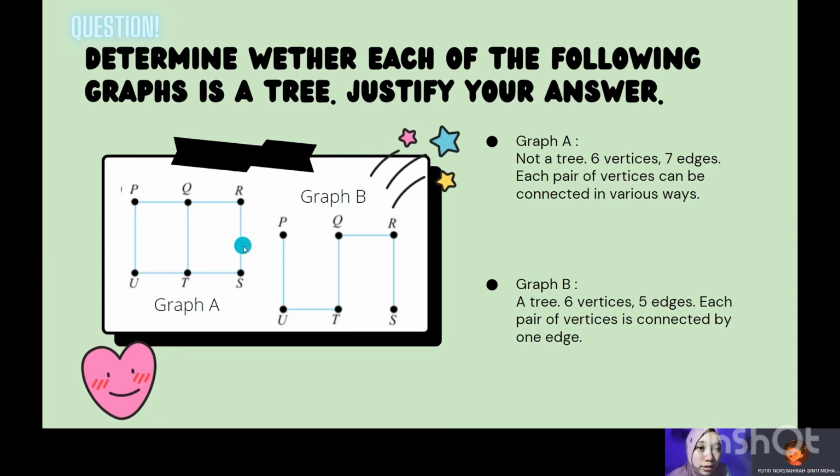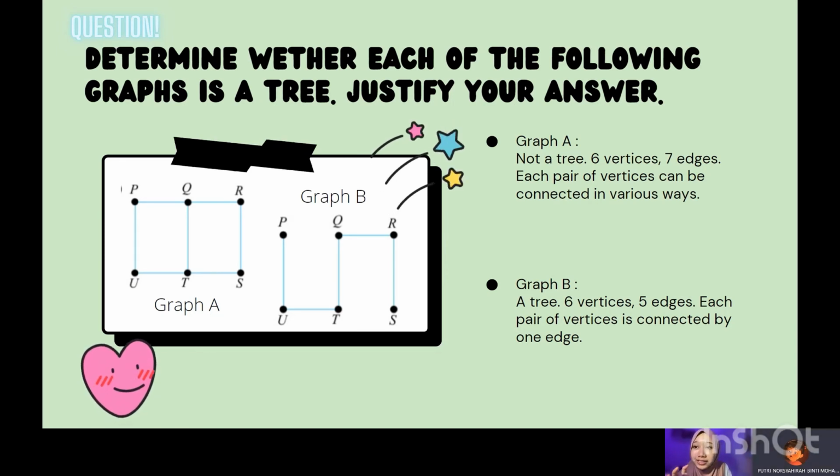Why should the answer be not a tree? Because when we look here, there are 6 vertices: 1, 2, 3, 4, 5, 6. And then 7 edges. If you want to know whether it is a tree graph, the edges should not be more than the vertices.